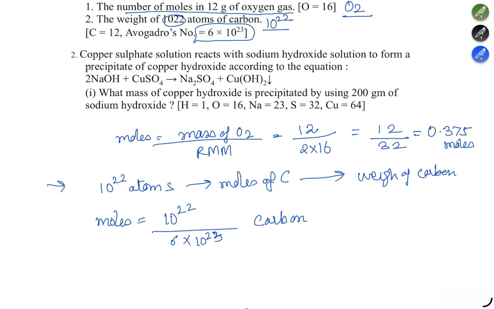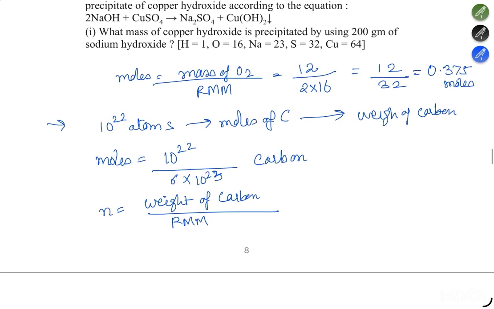Okay, now I have to convert these moles into the mass. So again I am going to use the formula. Moles is equal to the weight of the carbon, which I have to calculate, divided by the RMM of carbon. I have already calculated the moles, which is 10 raised to the power 22 upon 6 into 10 raised to the power 23.